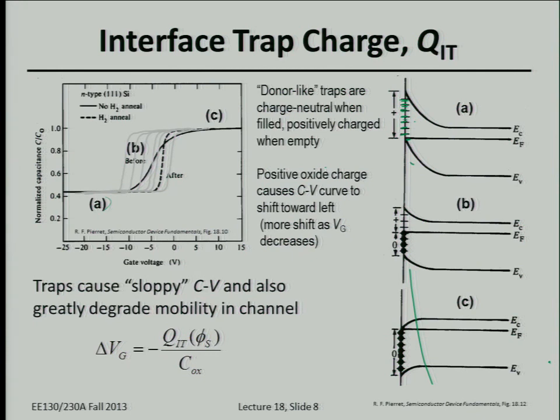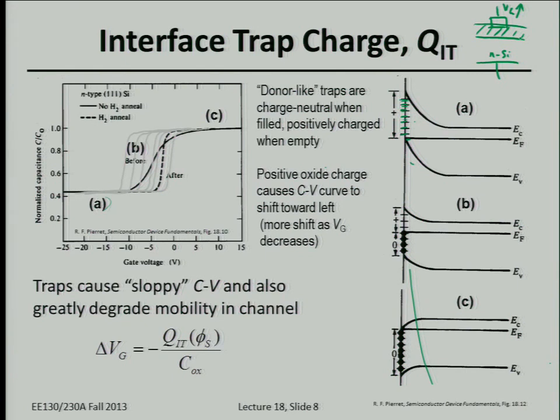Ordinarily, when you increase the gate voltage, let's say if there are no trapped charges, ordinarily what would happen? In this case, this is also N-type silicon. So ordinarily, if you increase VG, what's going to happen in the surface of the silicon? This is N-type silicon.